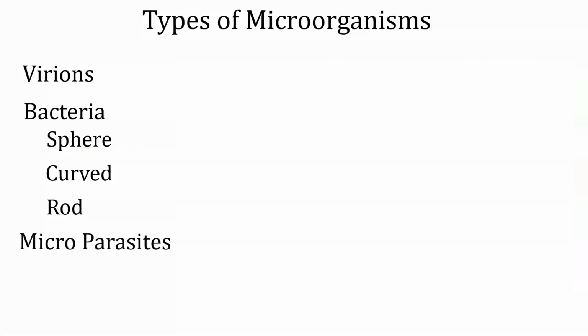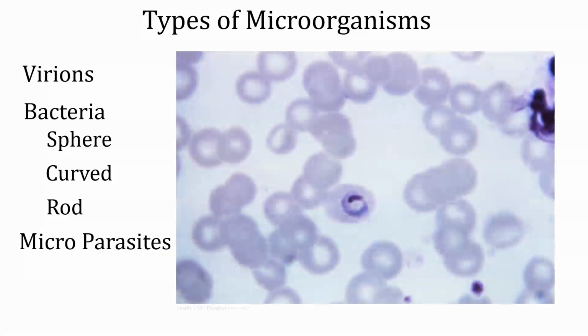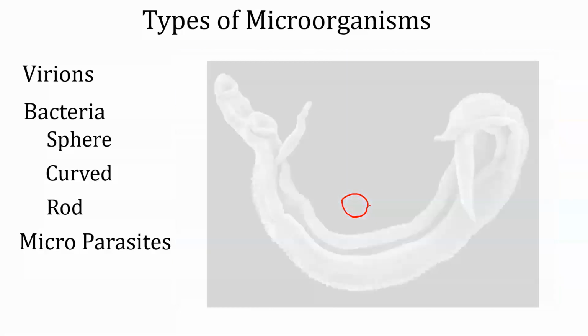Okay, above and beyond bacteria, there can be a whole host of other types of living things that could be a microorganism and might infect your body at some point in time. Here's a couple examples. This is Plasmodium. This is a microorganism that invades red blood cells, and it's the causative agent for malaria.